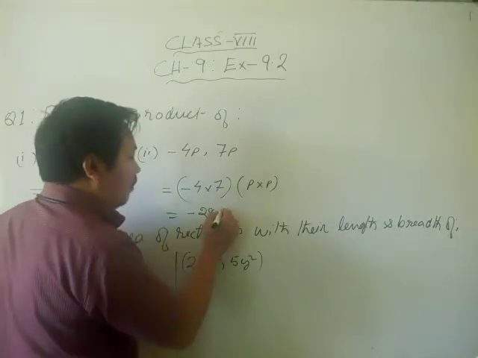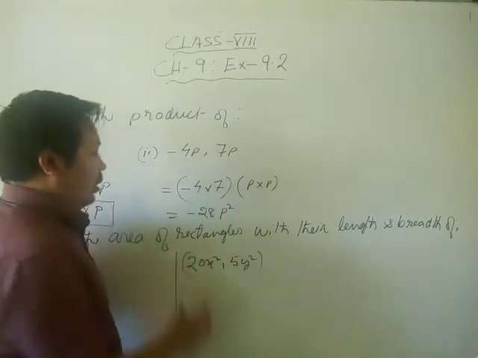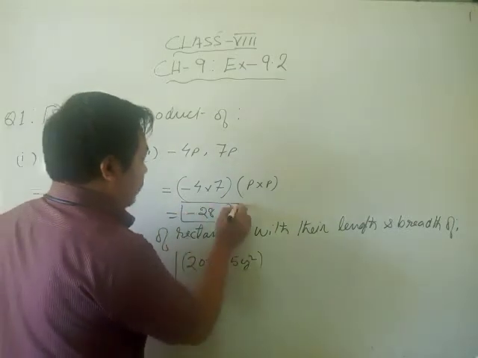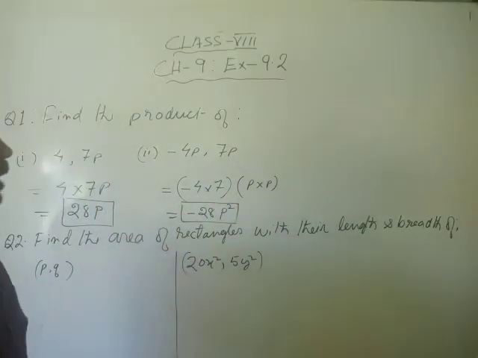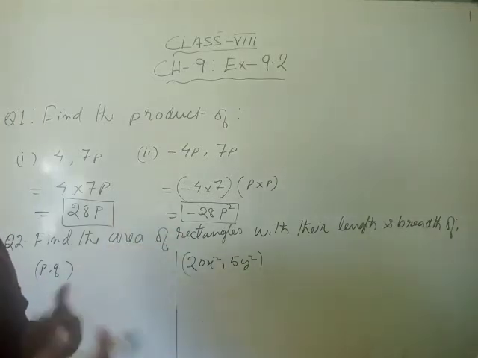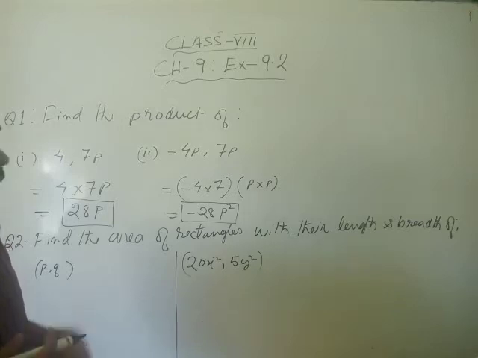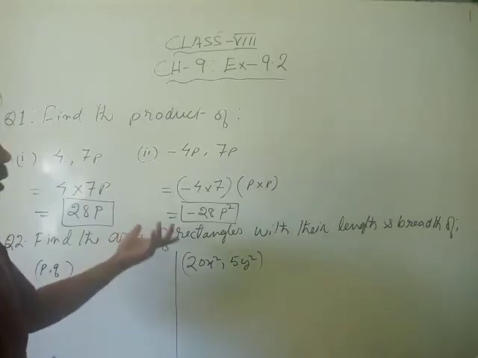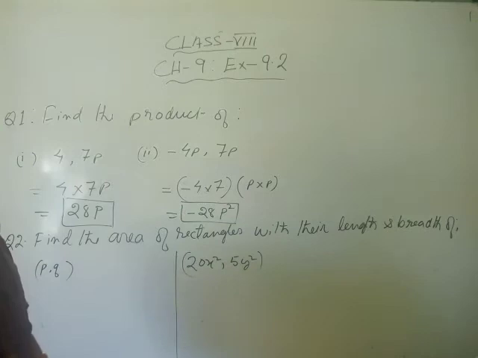So p will become p to the power 2, p square. So minus 28p square is the answer of question number 2, and the rest is for you to try. Clear? Please practice and try to learn how to multiply these monomials.